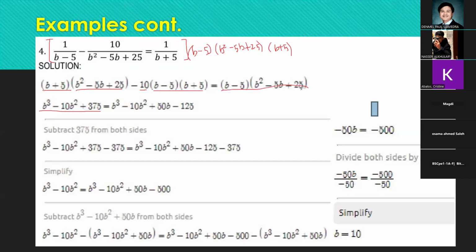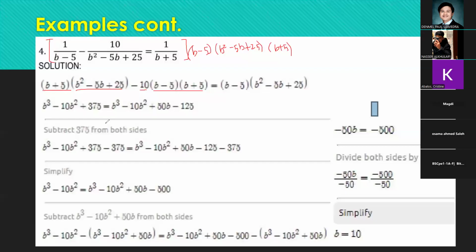And then multiplying this to each other would give us this equation. And then afterwards, just transpose everything that is maybe not needed on the left side. For example, everything that is constant on the right side, everything that is variable on the left side.